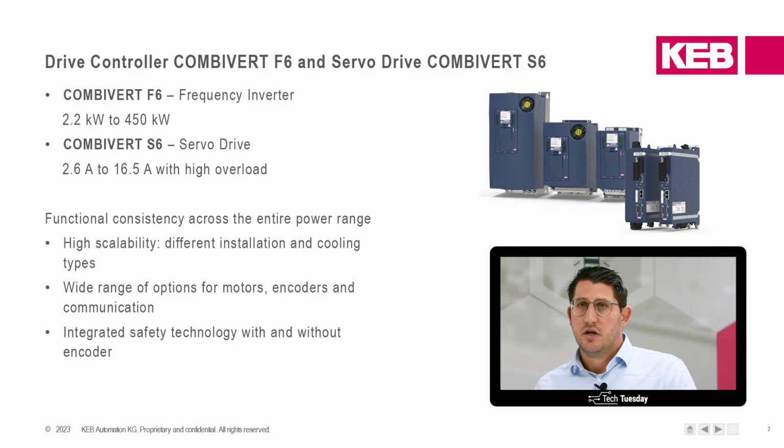The functional consistency across the entire power range is one of the benefits, along with the high scalability and the different installation and cooling types, like liquid cooling or air-cooled. There is a wide range of options for motors, encoders and communication profiles like Profinet, EtherCAT, Modbus, TCP/IP and more. Integrated safety technology with and without encoder are the key facts for this drive series.